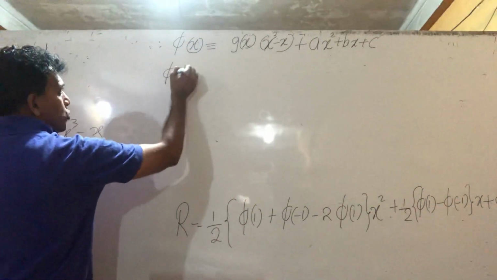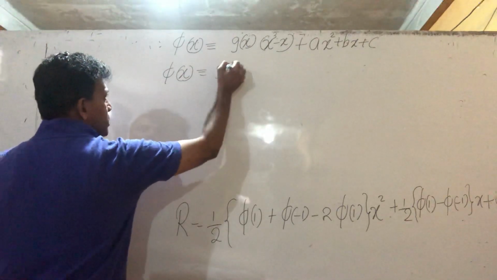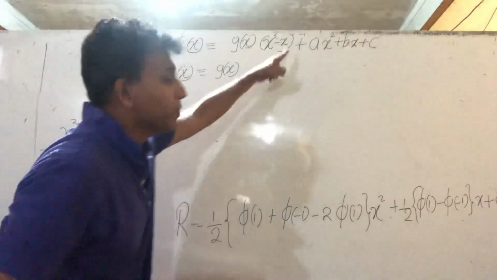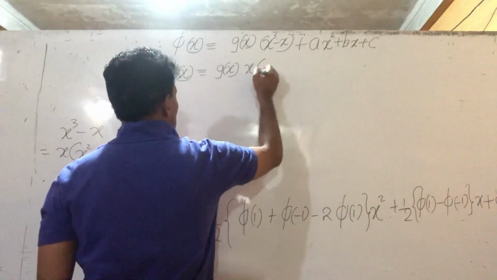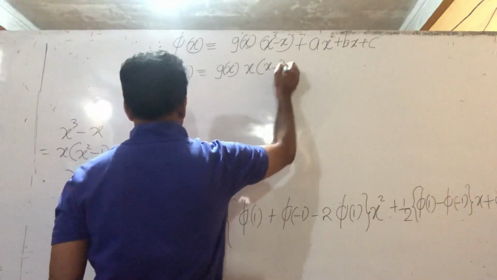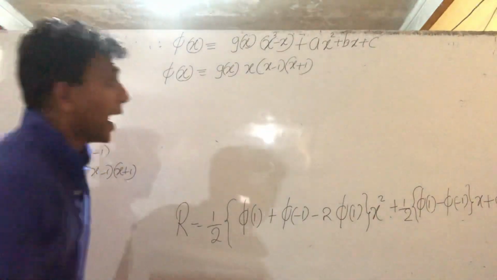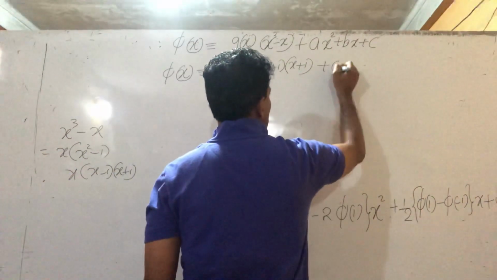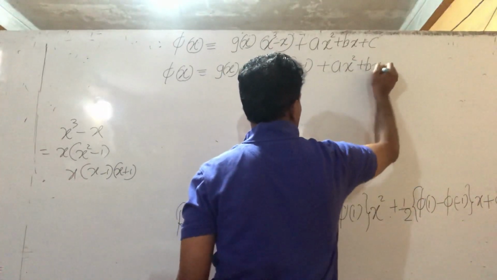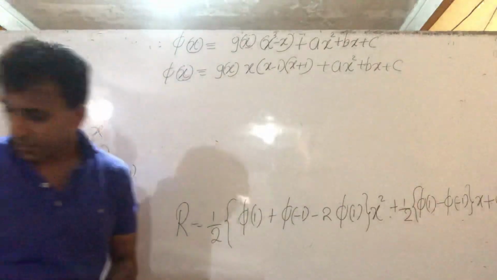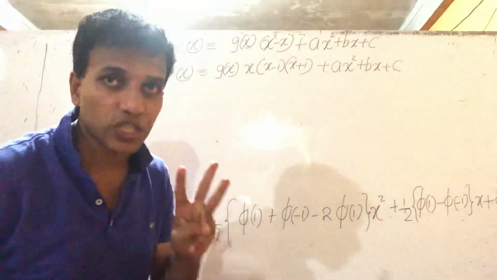Therefore, write the next step: phi of x equals g of x into x into x minus 1, x plus 1, plus ax square plus bx plus c. Now we prepare three equations.